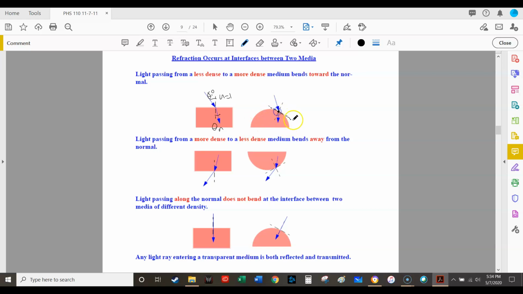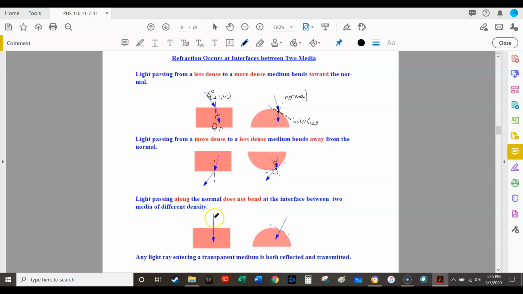If that is the interface line, this is going to be the normal line, which is perpendicular to the interface line. Okay? So you have to start thinking of the interface as now being a tangent. If it's a rounded surface, inside the more dense medium is going to be a lower angle than the outside.